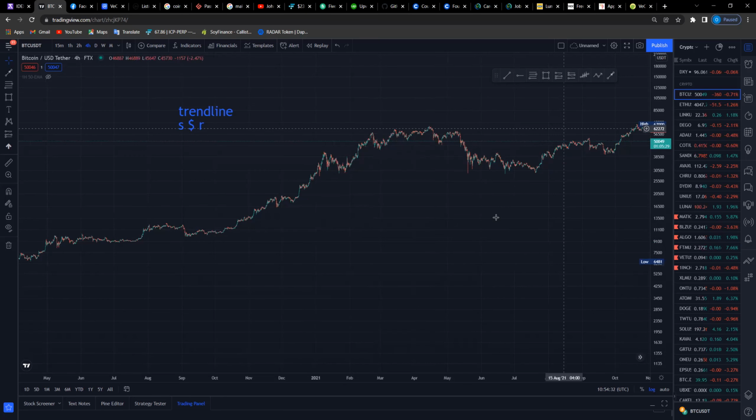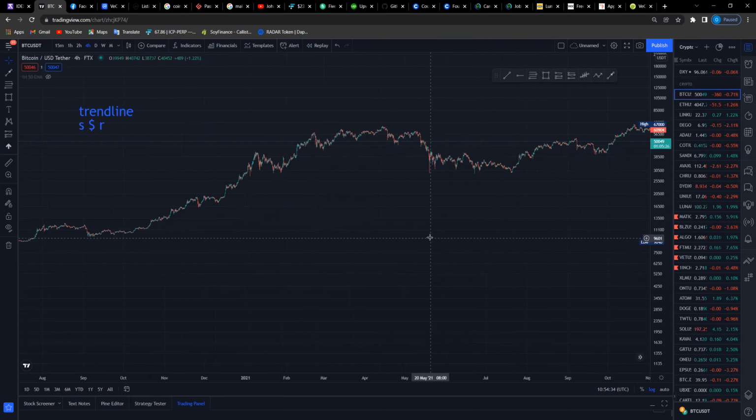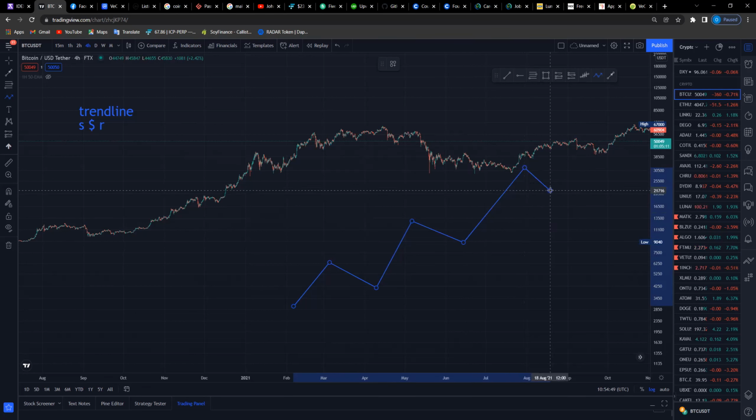The basic thing you want to do when you want to draw an uptrend is to make sure you are capturing a movement from one point to the other.